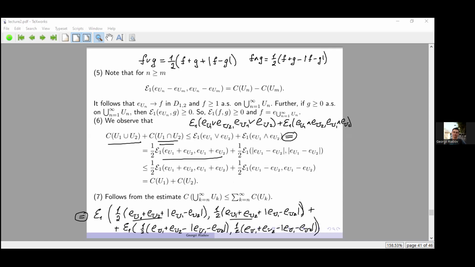And we will have twice 1/4 E1 of the absolute value of the difference.